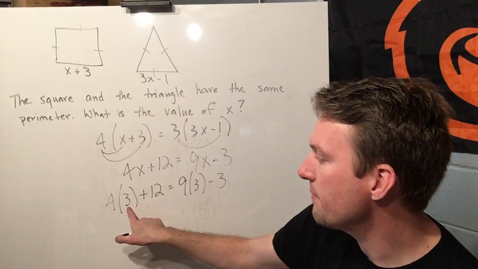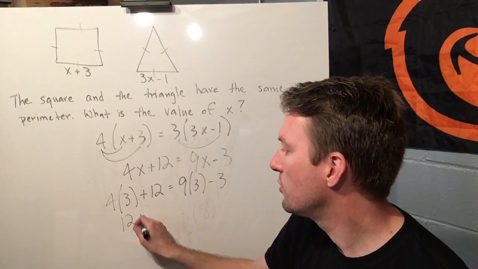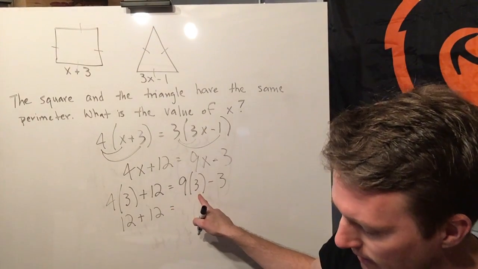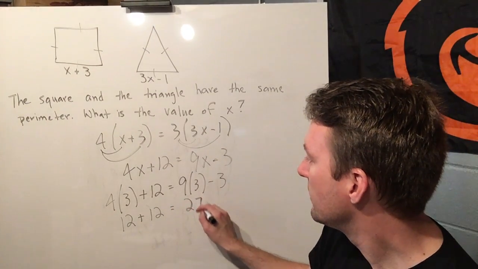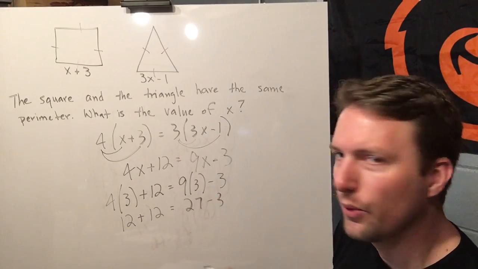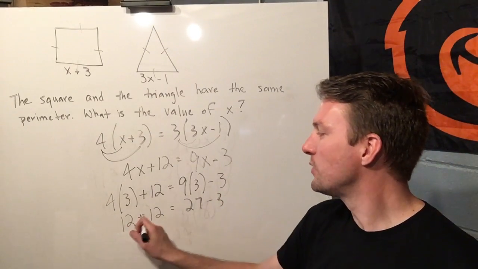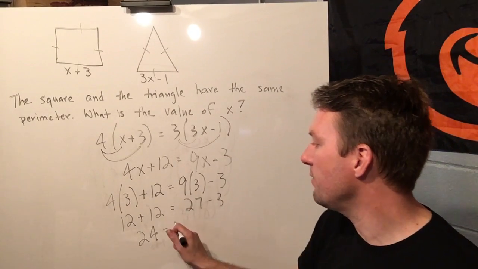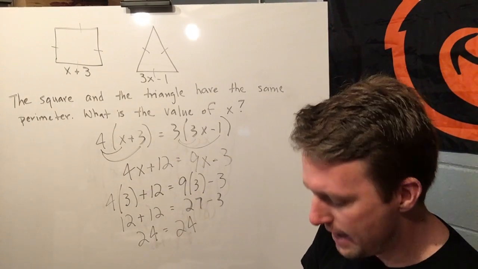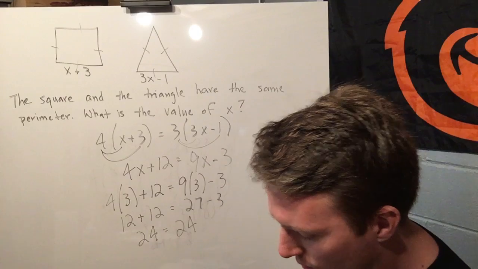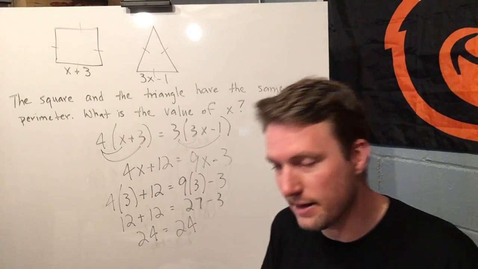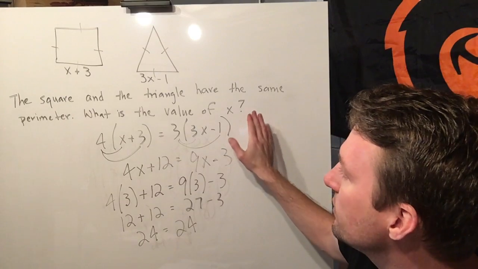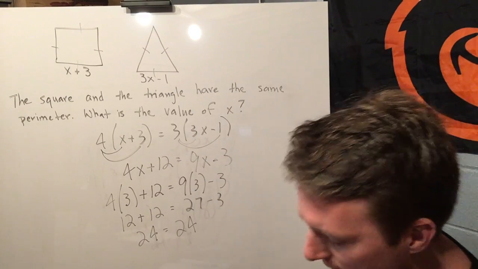Well, 4 times 3 is 12, and 12 plus 12 is 24. 9 times 3 is 27, and 27 minus 3 is 24. How about that? So what can we conclude? That both of these equations have the same value of x.